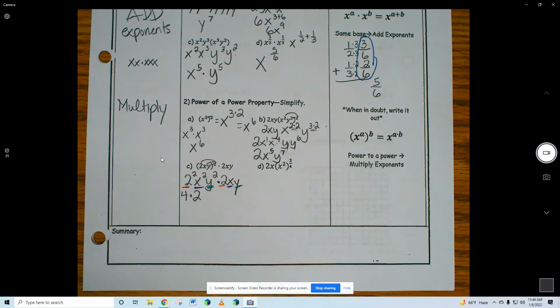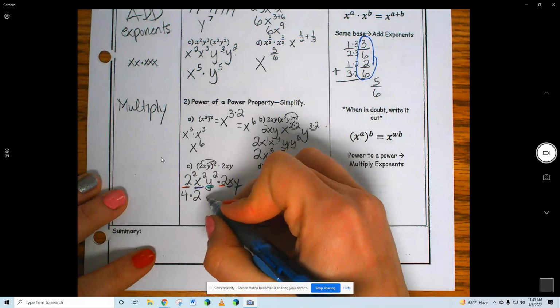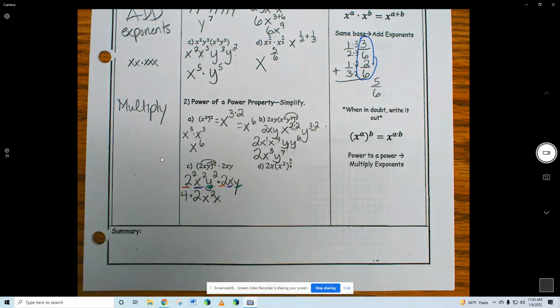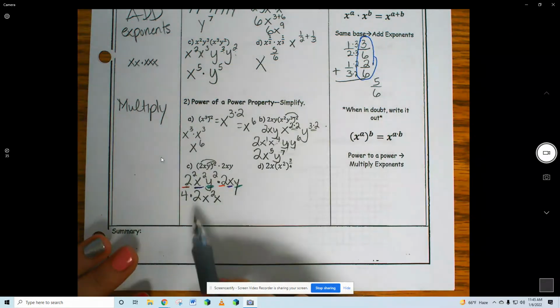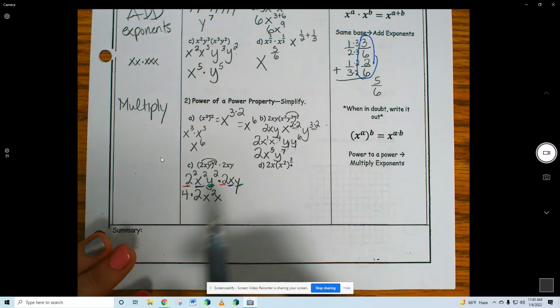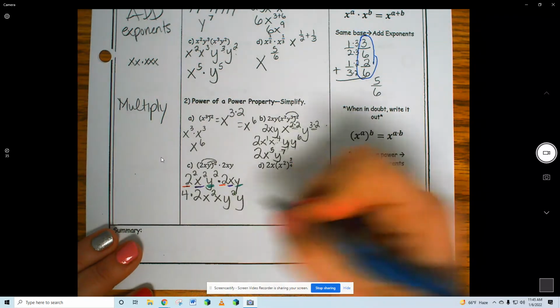Put the x's together. This is an x squared and that's an x to the first. I don't ever put the 1, by the way. X squared and x, the purples. Let's put the greens together. Y squared and y.